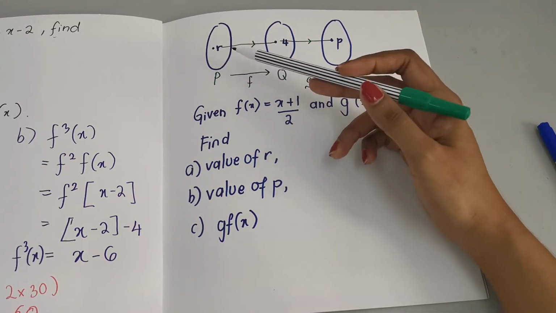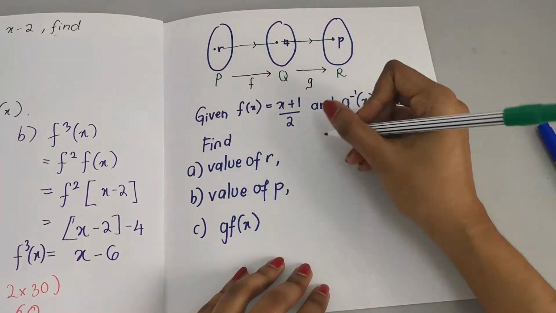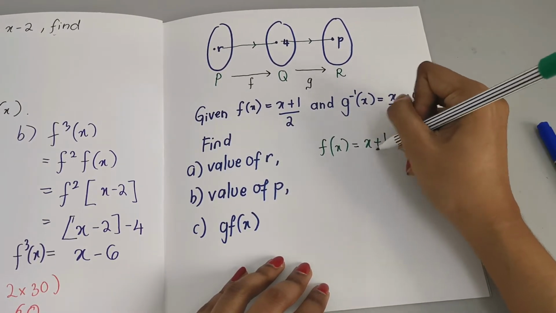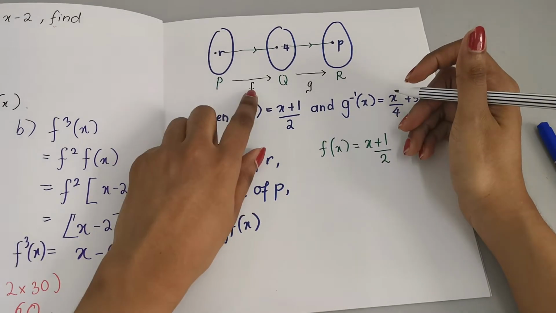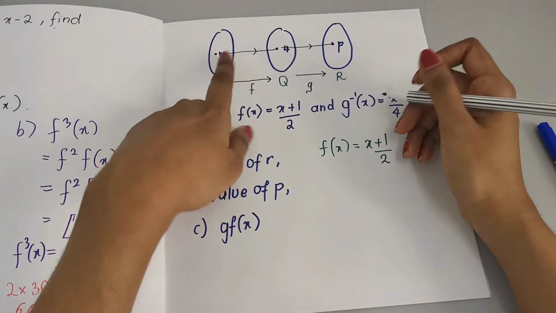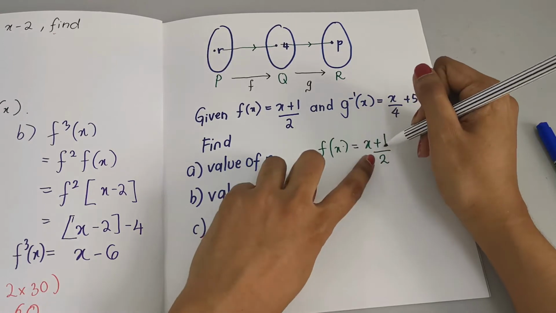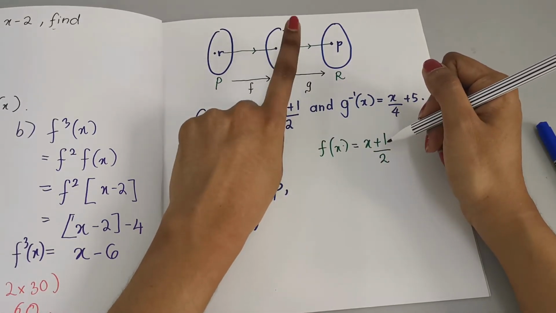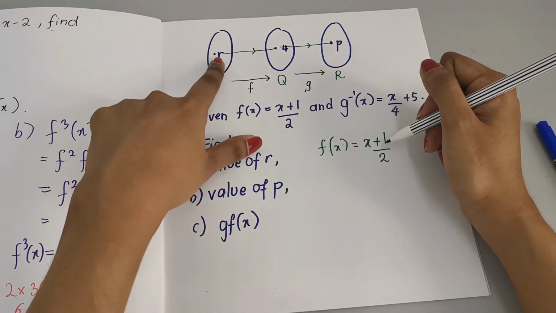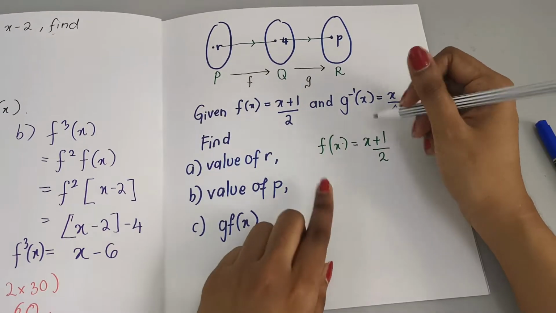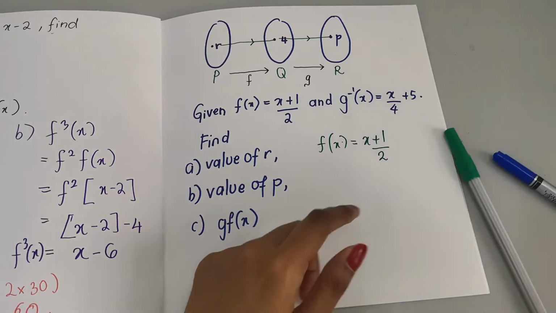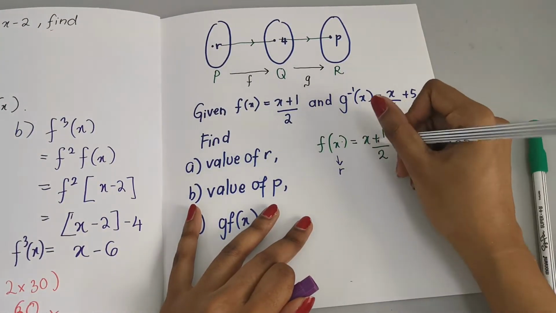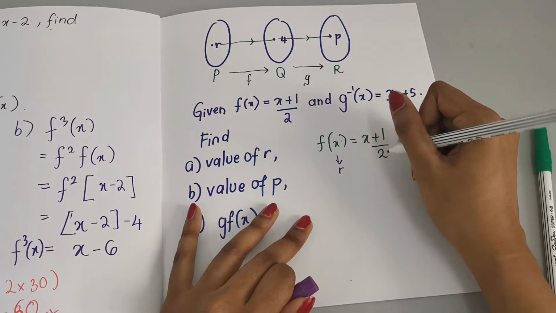To find the value of r, first we have the information that f(x) is (x plus 1) over 2. Now if I put the value of r inside here, I'll be able to get the image as equal to 4. This is the object, this is the image. So I'm just going to substitute here: r is the object, and I'm going to equate it to 4.